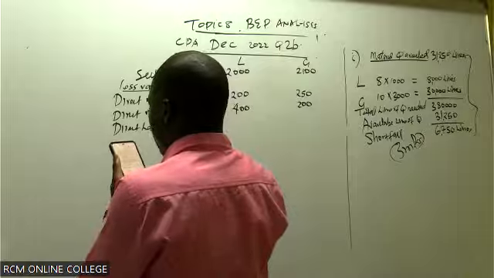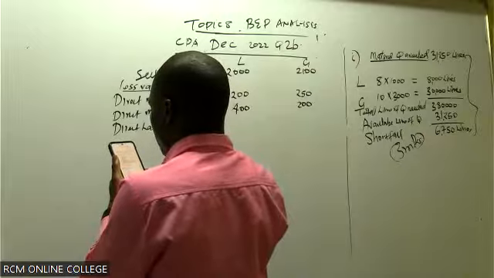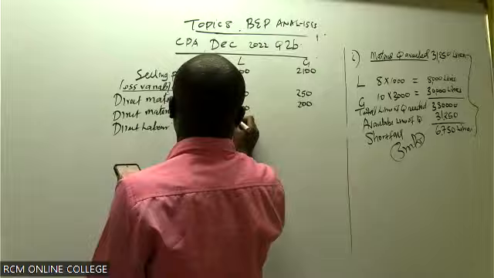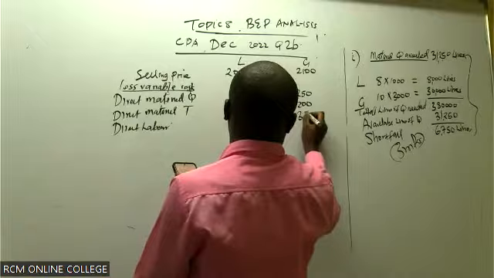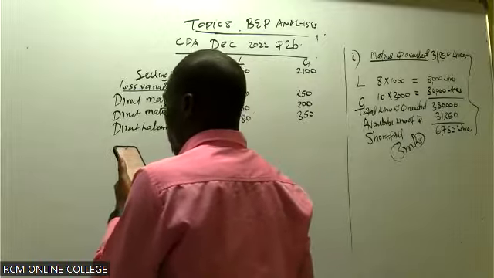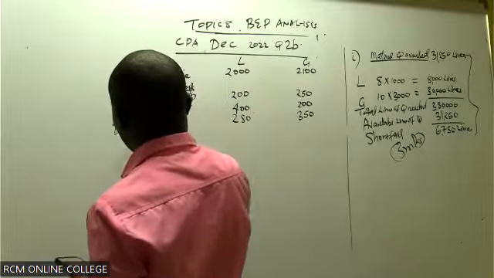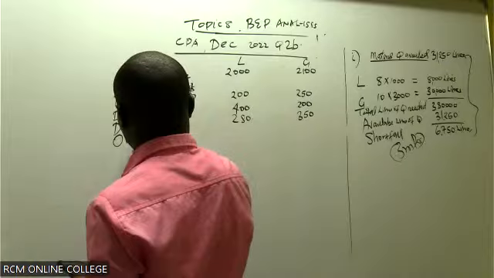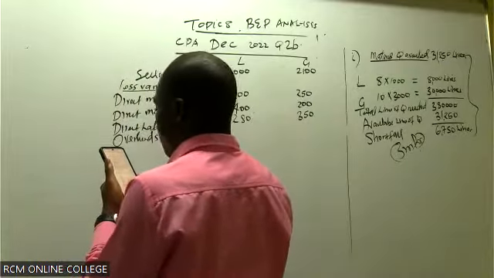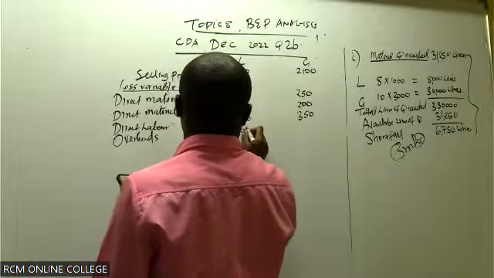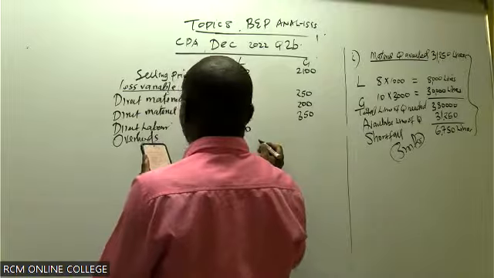Then direct labor, they're going to spend 350. Then we have the variable overheads, they are going to spend 200.